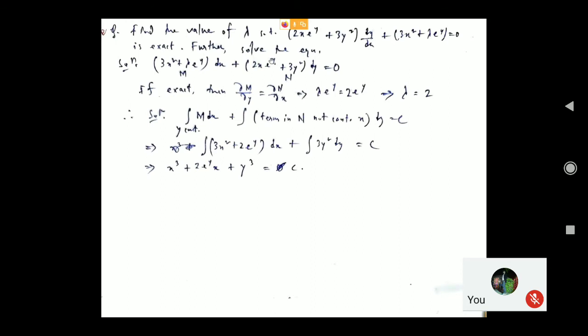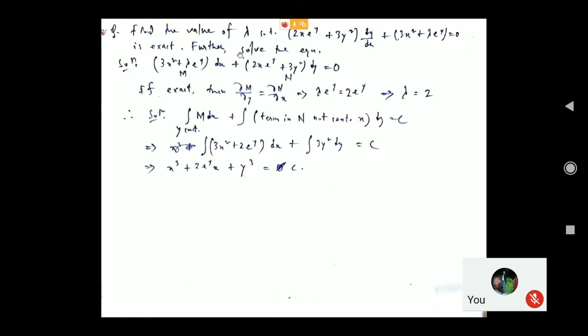And del n del x, you get 2 into e to the power y, this becomes 0. So from this equation, we have the value of lambda equal to 2. The value of lambda for which this equation is exact is 2.